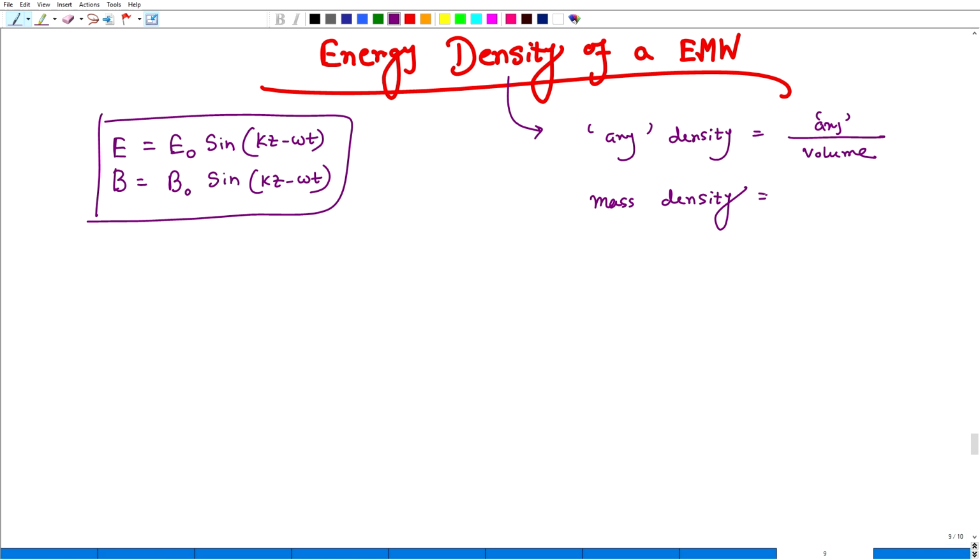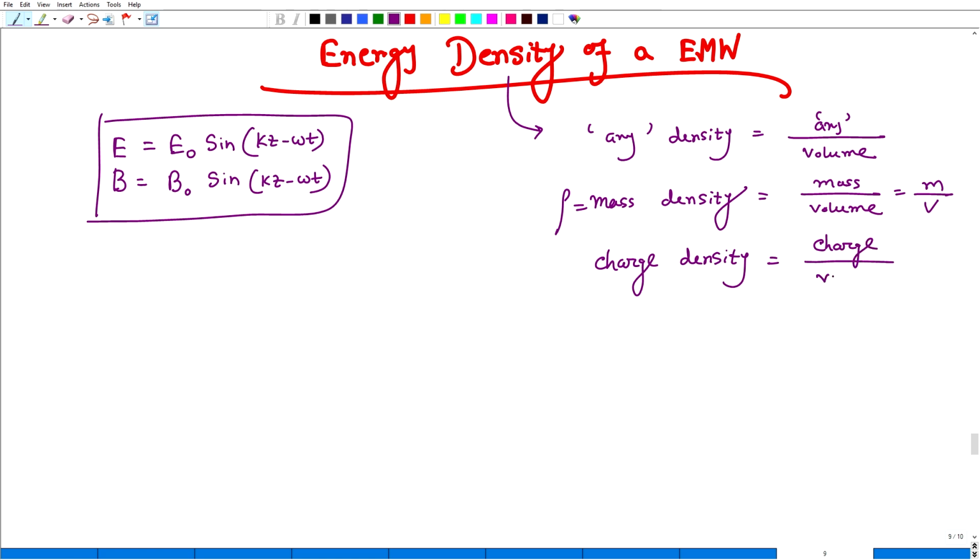generally we understand mass density as the density. Rho is the mass density, which is m, that means mass divided by volume, m by V. Let us say it is charge density, then it will be charge by volume, that means q by V. If it is energy density, then it will be energy by volume, that means E by V. Density means per unit volume.